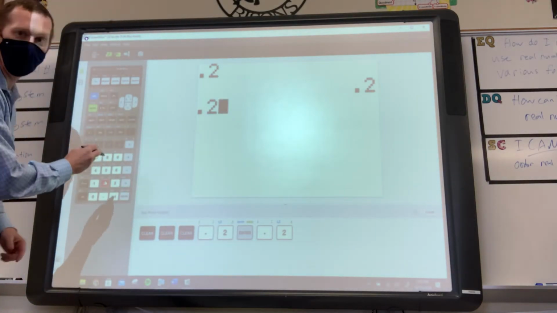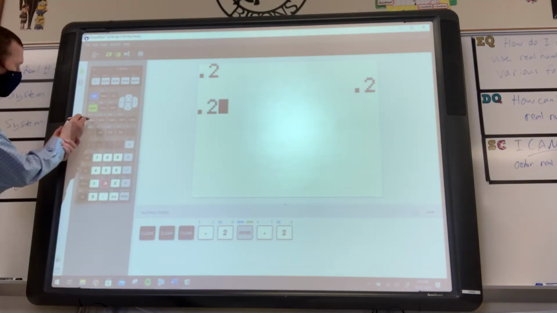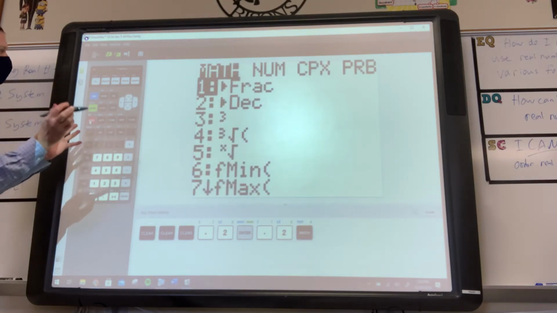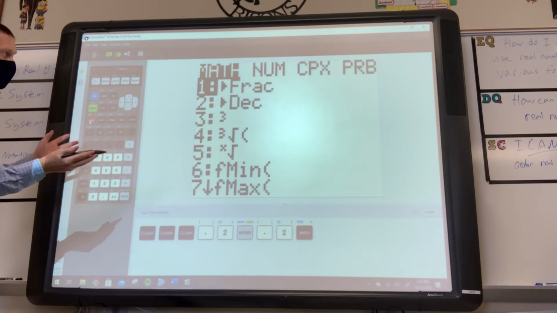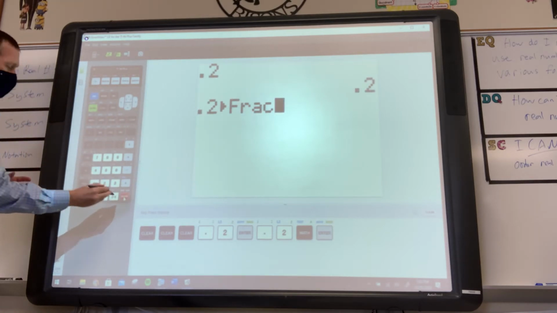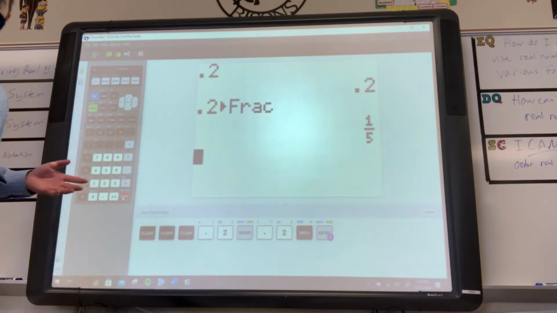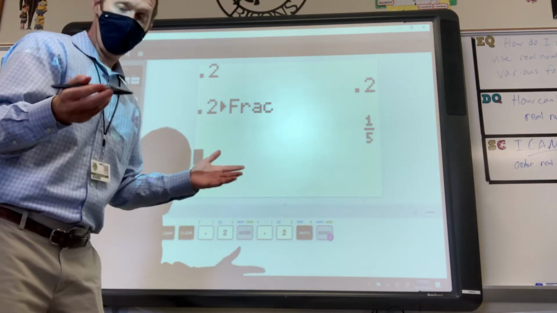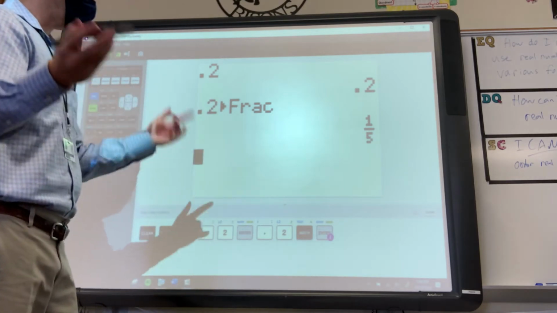There's a little button over here off the side of the screen that says math. You can press math, and then you have to pick one of those random numbers that looks like it might turn it into a fraction. I'm going to pick number 1, turn it into a fraction, and it will tell me that it is 1/5. So that means that number, 0.2, can be written as a fraction, which is good news.